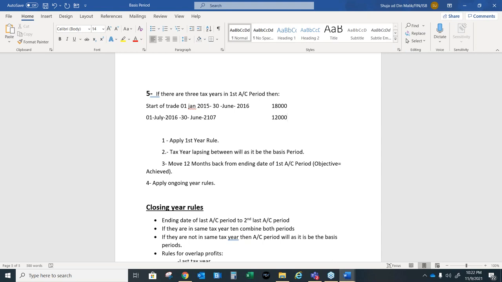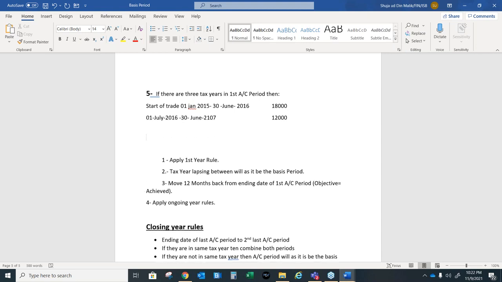Okay, so guys, this is the question where the trader has started to trade on 1st January 2015, and he has ended his accounts on 30th June 2016. The resultant profits are 18,000.